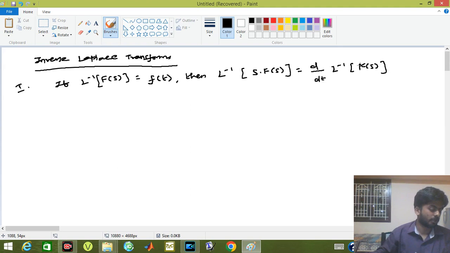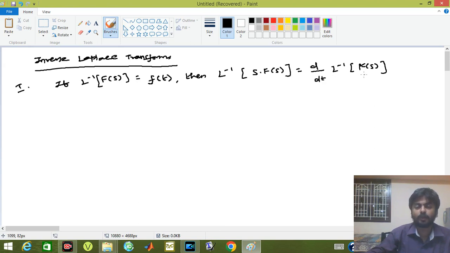Suppose if you are having s square, it means you have to differentiate it twice, d square by dt square, and you will have some more terms here, but for now you will have only L inverse of s into f of s equal to d by dt of L inverse of f of s.